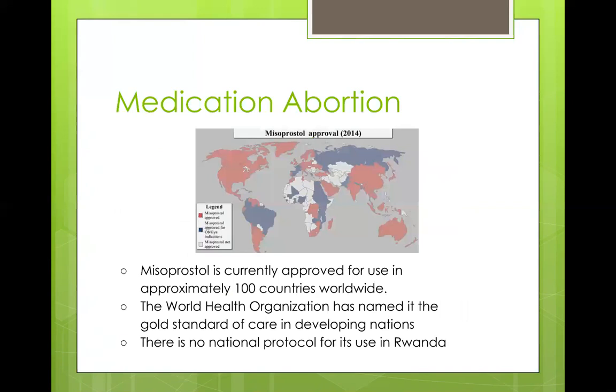So it brings us to talking about medication abortion. The World Health Organization named medication abortion the gold standard, or the best option, in developing nations. That had to do with medication abortion being a safer form of pregnancy termination in areas that have restricted access to skilled, trained providers and safe and clean facilities, and it decreases the risk of things like sepsis and death related to abortion.